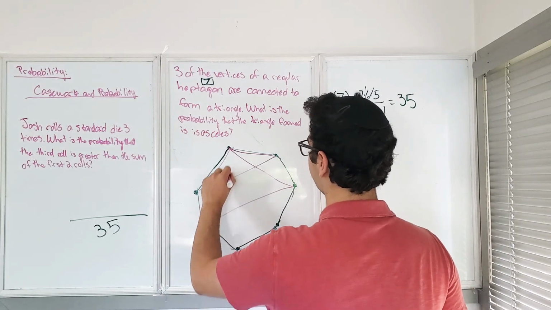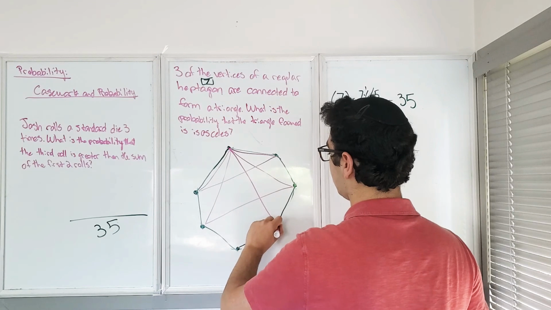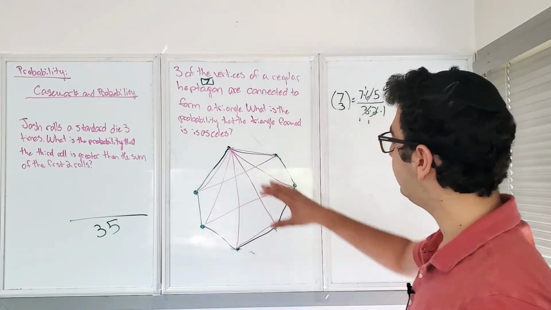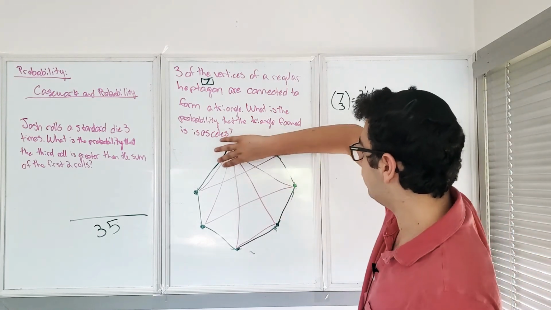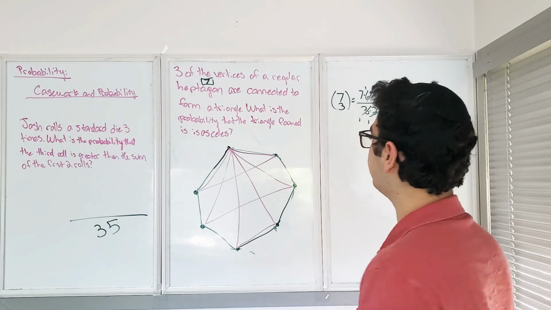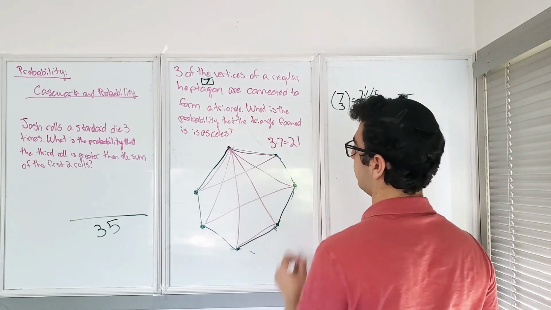Another type over here. In fact, this is an equilateral triangle, a type of isosceles triangle. And then you could have another one over here. And for each of these 3 different cases, you can rotate it so that it's centered around each of these 7 dots. So that would be 3 times 7, which equals 21 cases.